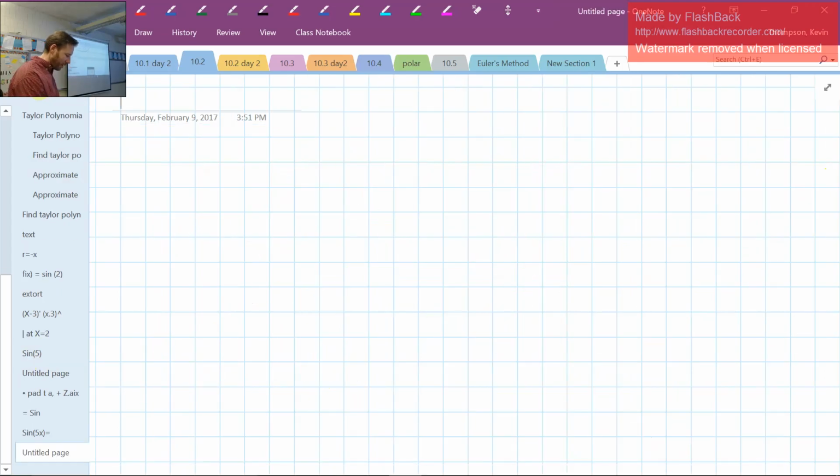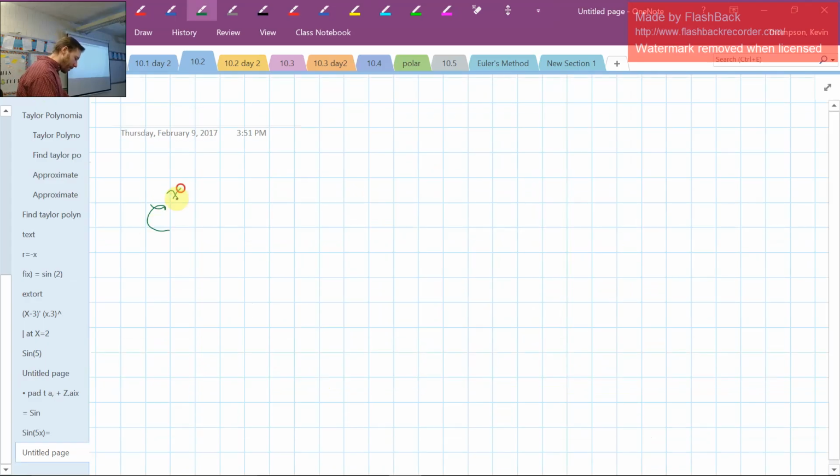So let's start with this. Based upon what we just saw, e to the x, so let's write that out. So e to the x is equal to, is equivalent to, as long as I have an infinite number of terms, 1 plus x plus x squared over 2 plus, what's the next one?